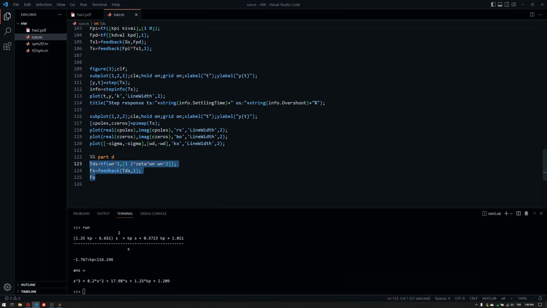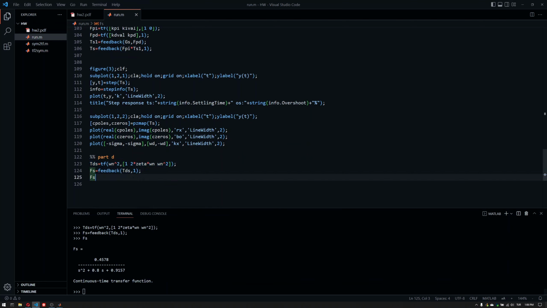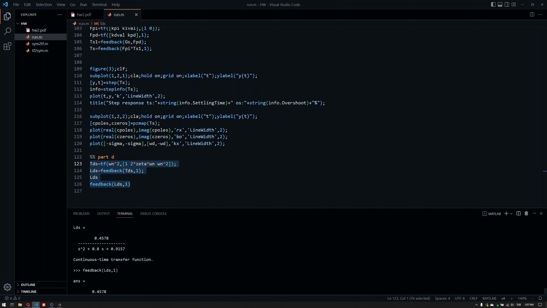So let me show you this part here. Fs is basically this. This is not Fs, of course. This is basically LDS, the loop transfer function. If we use this loop transfer function, I'm going to demonstrate that. So feedback LDS, 1. If we use this here, was it -1?